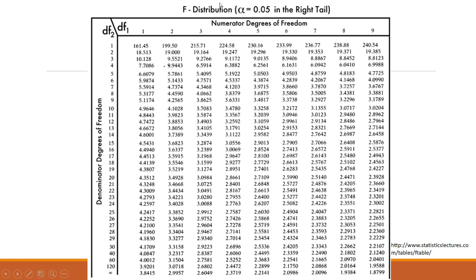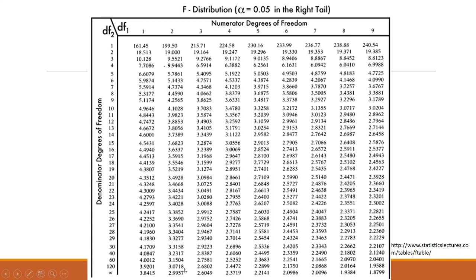So let's look it up. Degrees of freedom for the numerator, 2. Degrees of freedom for the denominator, 295. So let's go to the nearest number, 120, and let's go over here. Now here's this cutoff F statistic value. I said our F statistic was 3.2.